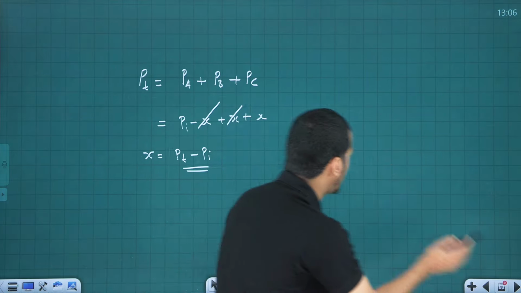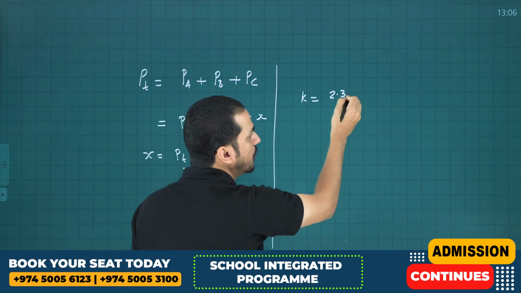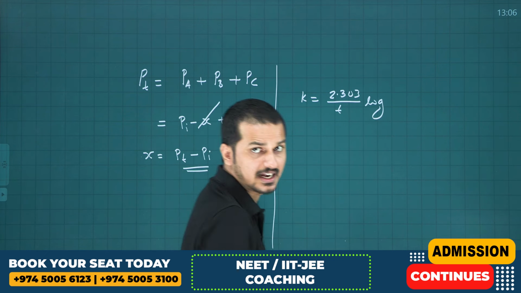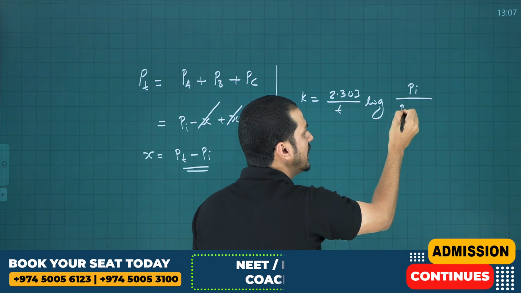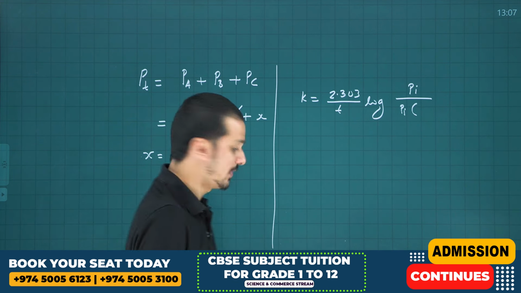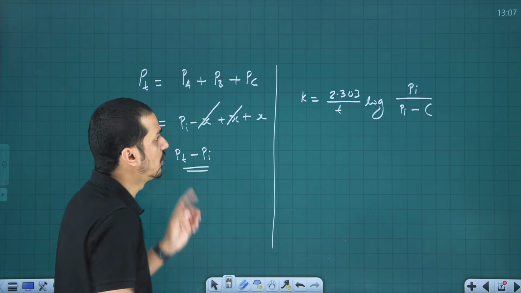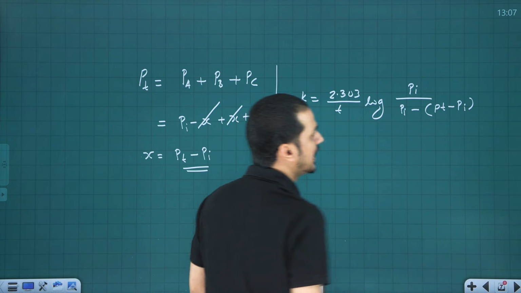So the equation becomes K equal to 2.303 by T logarithm of Pi divided by Pi minus X. What is X? X equal to Pt minus Pi.